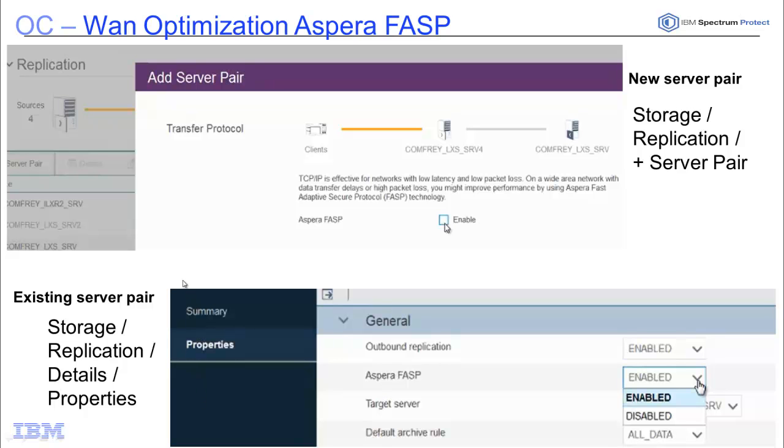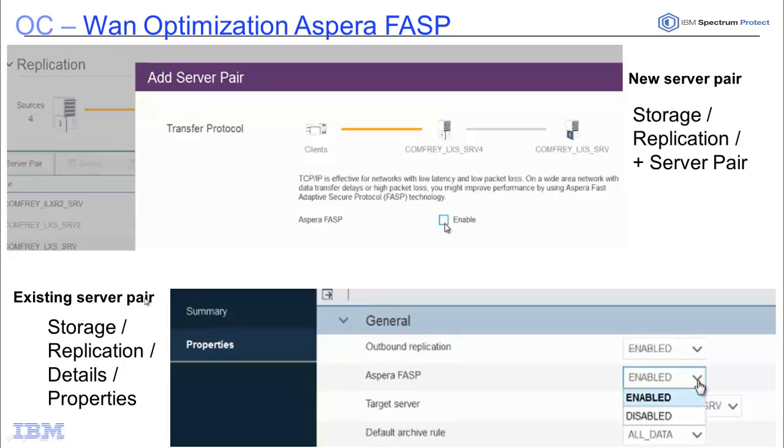This slide shows in the Operations Center how you utilize Aspera FASP. So if you're defining a new node replication server pair, you would go into Storage, Replication, click on plus Server Pair, and then as you're defining the server pairs, if they are Linux servers and they are utilizing a directory container, as well as being at least at version 7.1.6, you'll have the option to enable Aspera FASP.